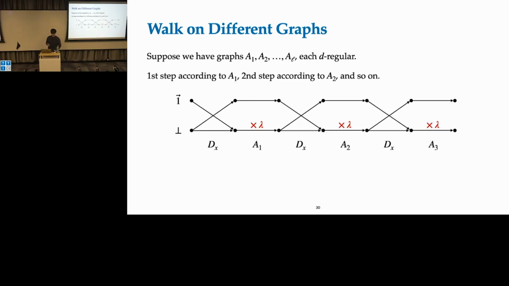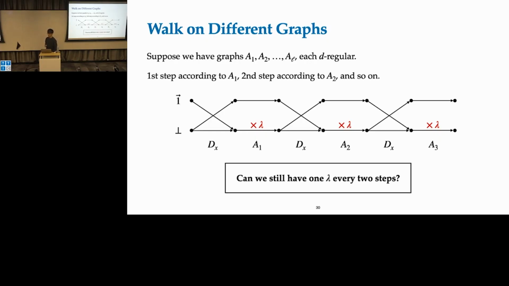Suppose we have graphs A1 to AL, all d-regular. Then we can take the first step according to A1, the second step according to A2, and so on. By the way, I'm using A as the adjacency matrix and also the graph. It's going to be the same diagram as before, but now instead of dA, dA, dA, we have dA1, dA2, dA3.